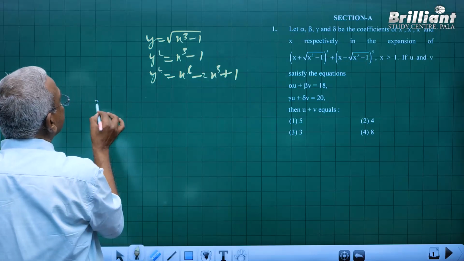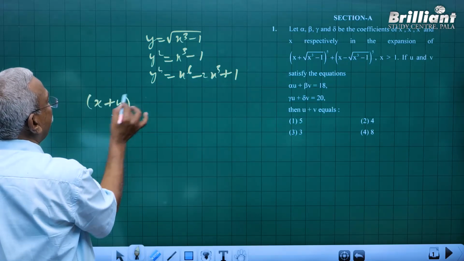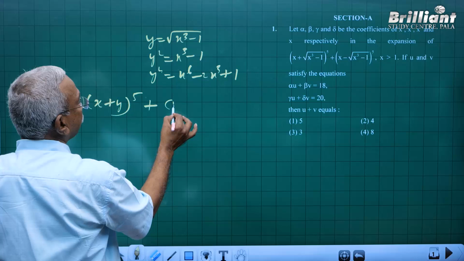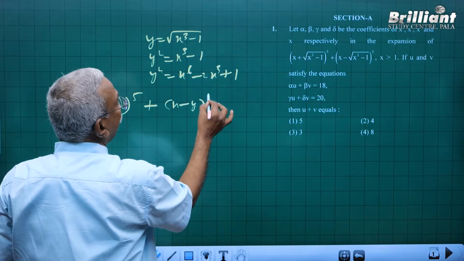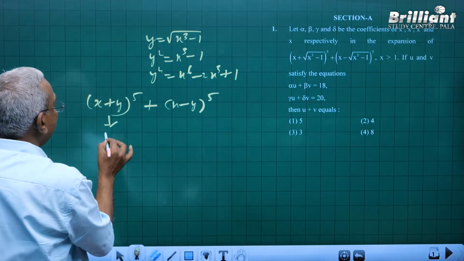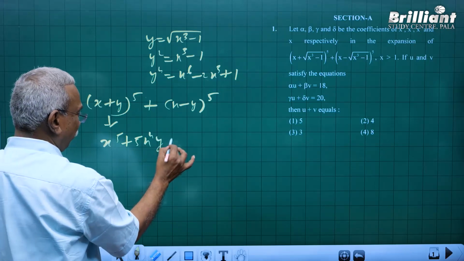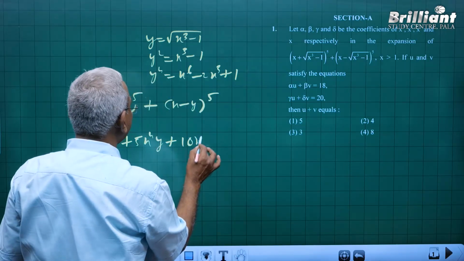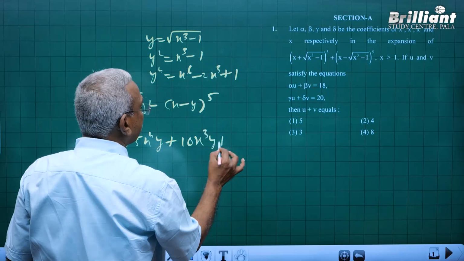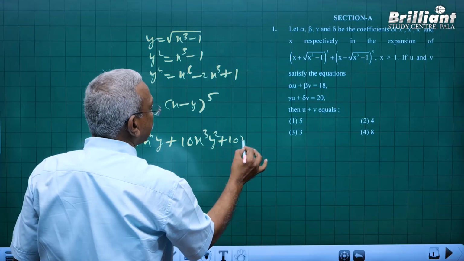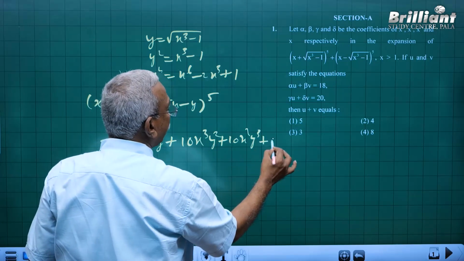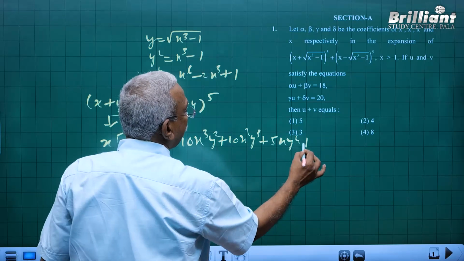Now the expression is (x + y)^5 + (x − y)^5. You know (x + y)^5 is x raised to 5 plus 5x raised to 4 y plus 10x cube y square plus 10x square y cube plus 5x y raised to 4 plus y raised to 5.